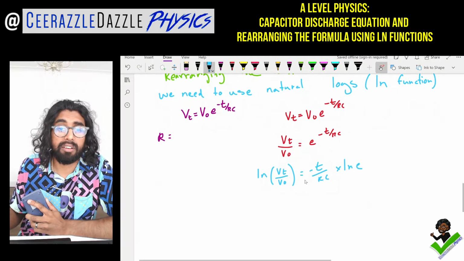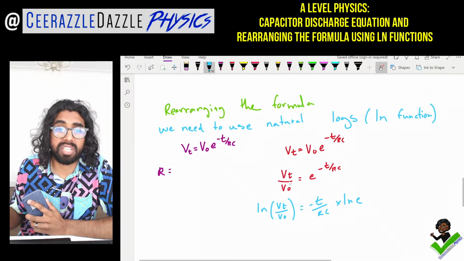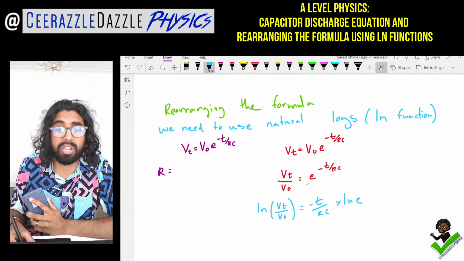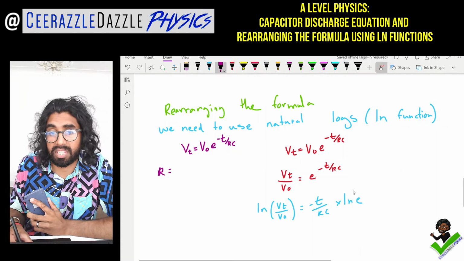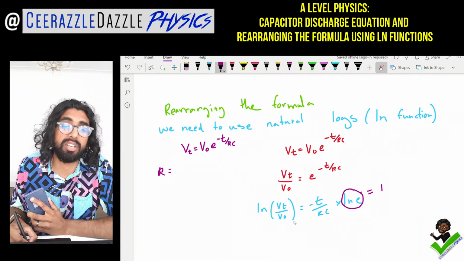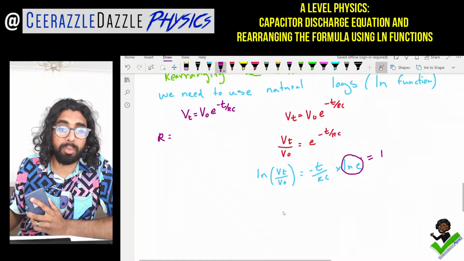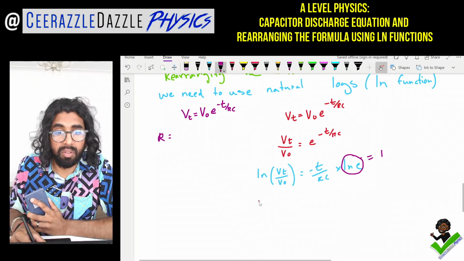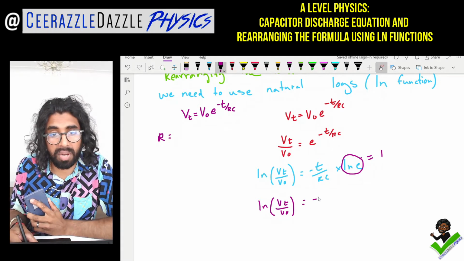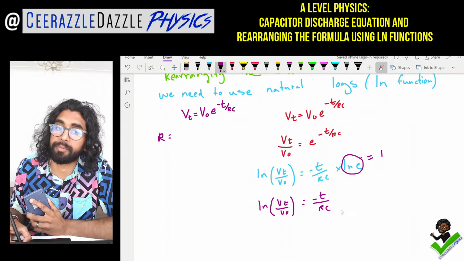Now from here I can rearrange it. We know that Ln e is equal to 1. Therefore we end up with Ln of Vt over V0 is equal to minus t over RC.